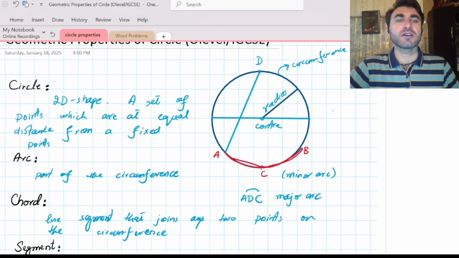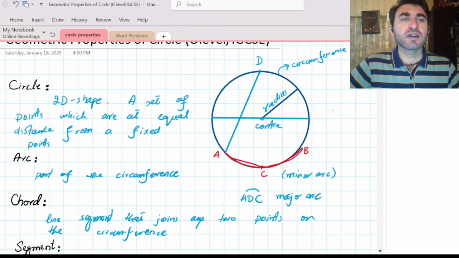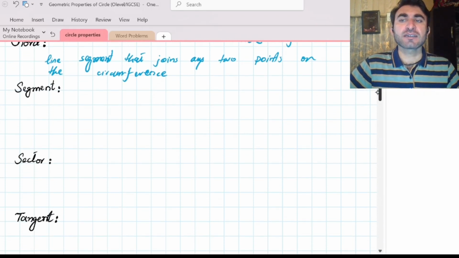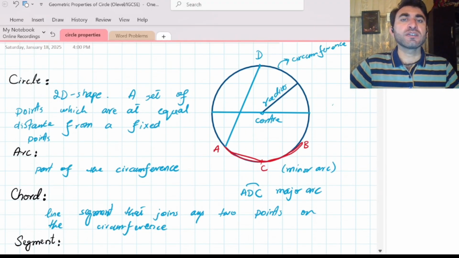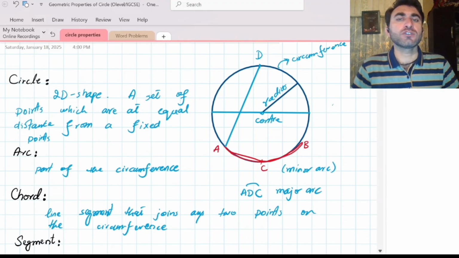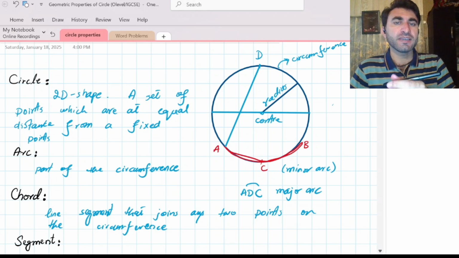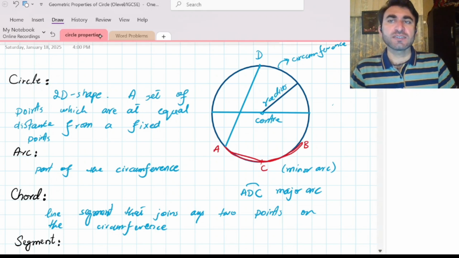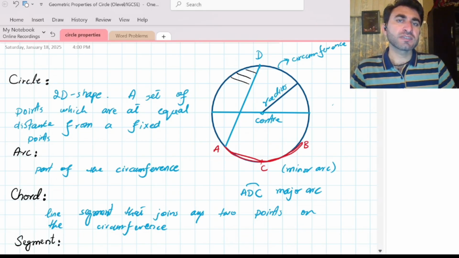Now coming to the other two definitions, which are segment and sector. A chord divides a circle into two segments. Like I have a chord AB, and if I say this one is the segment, right?